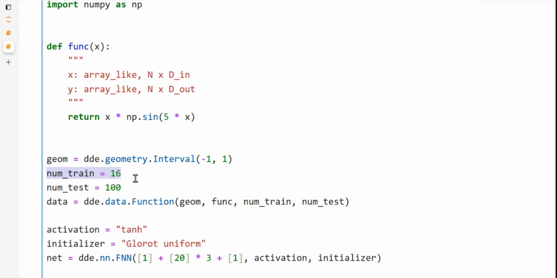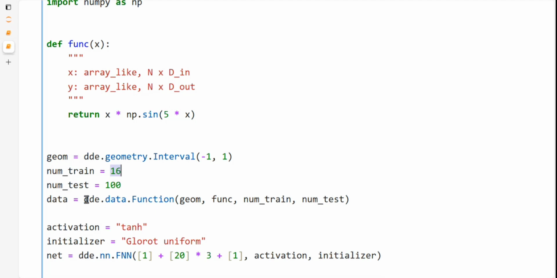The number of training points is 16. So we will train a model, the artificial neural network, on 16 points, which is very low, but we will see it gives us a good result. After training, when we update the weights, we test the model on 100 points. These 16 points you will get from the interval -1 to 1.